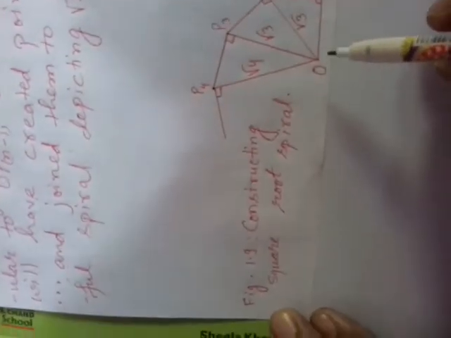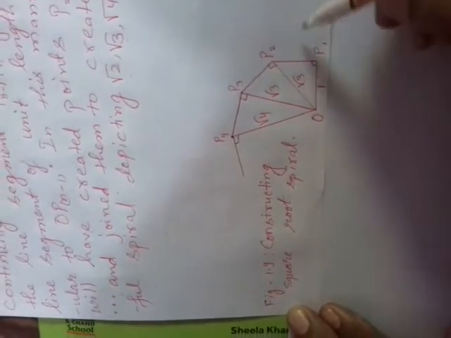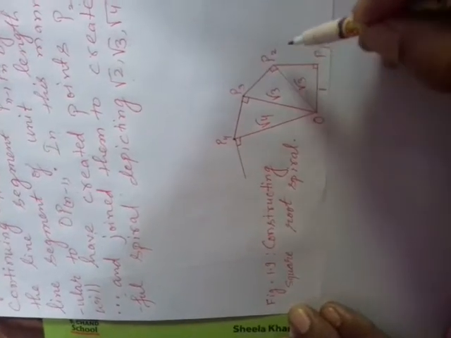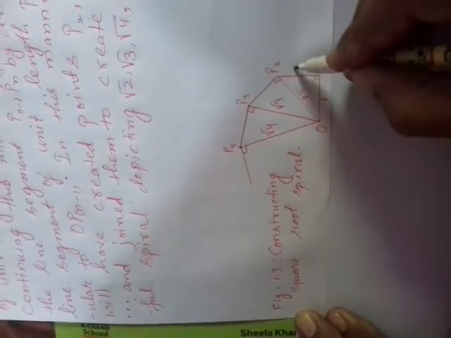Here the figure has also been shown, figure 1.9. So let's see, this is the figure which has been shown in the book. At first you have to draw a line OP of 1 unit. Then OP1 will be the line, and from P1 you have to construct a right angle, that means a perpendicular line P1 P2, that is also of 1 unit.